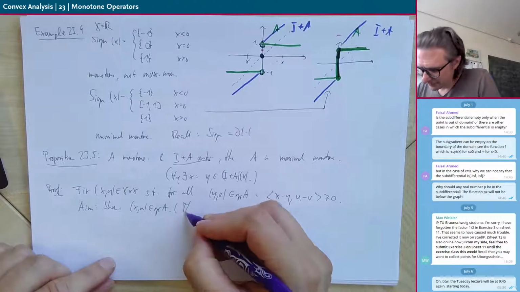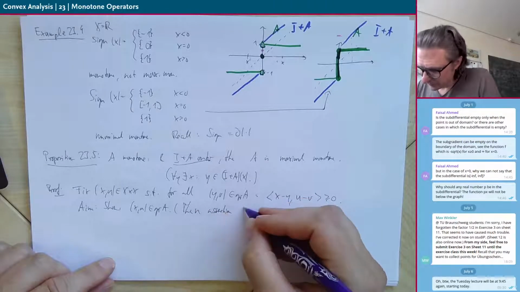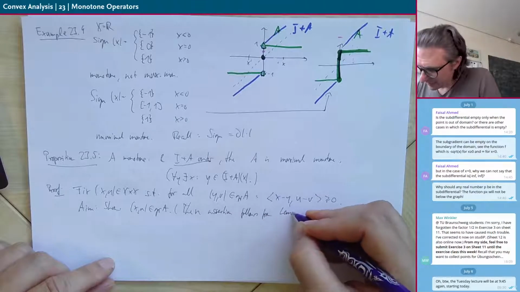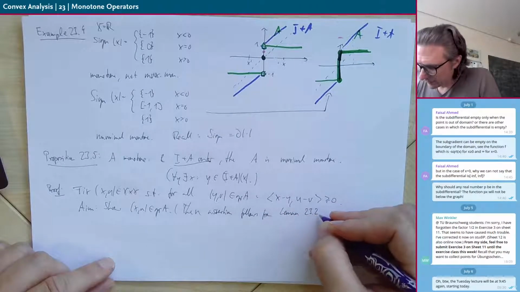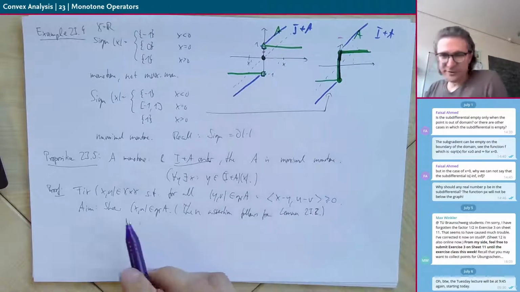Then the assertion follows from our previous lemma 23.3. So okay, we just need to show that.